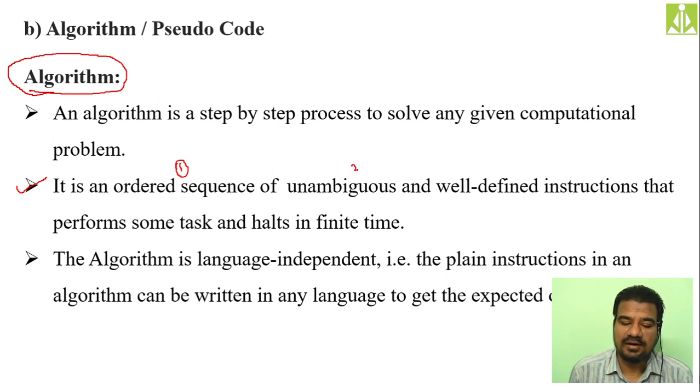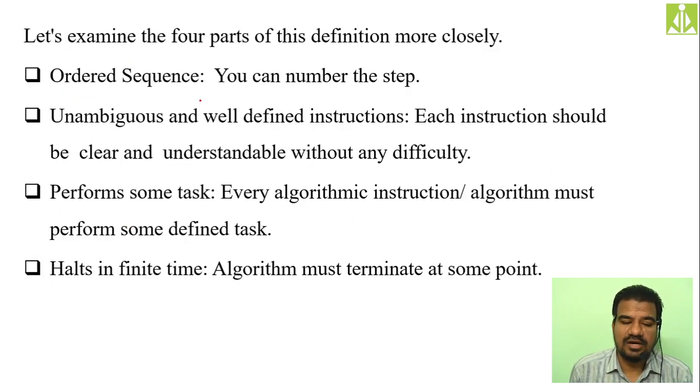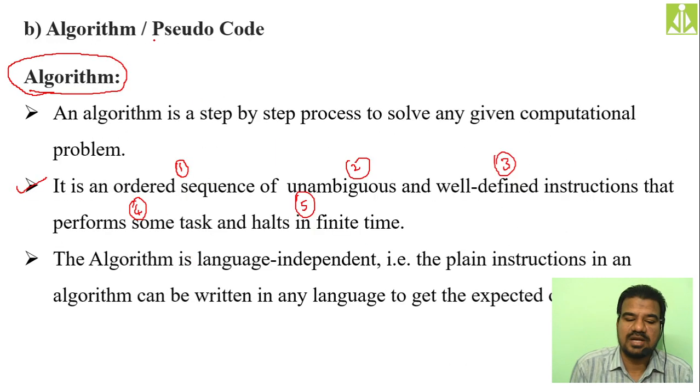Unambiguous and well defined is the second term. Performing some task is another technical term, and halts in finite amount of time is the last. We will try to understand all these in our next slide.